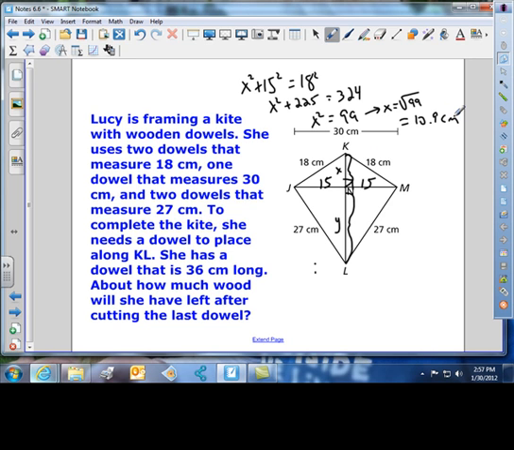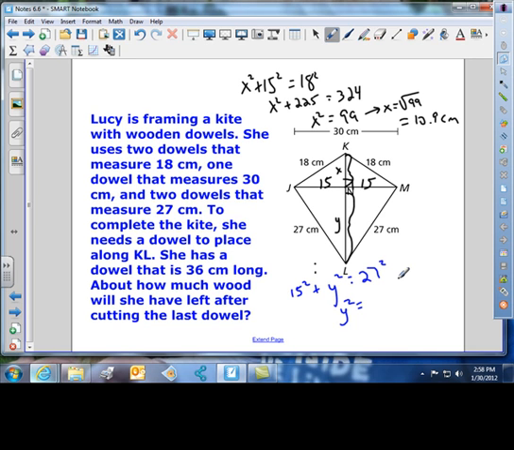Now, to find the measure of NL, let me change colors here. To find NL, I would say that 15 squared plus Y squared equals 27 squared. I'm going to subtract that 15 squared from 27 squared, and then I would take the square root of that, and that would find Y. Now I'm going to be quite honest here, people, I don't have a calculator.